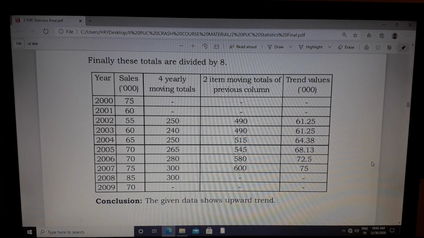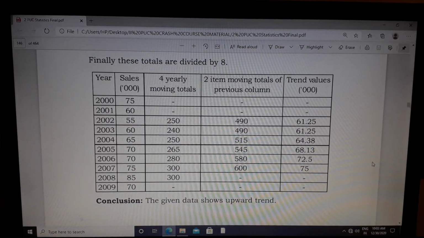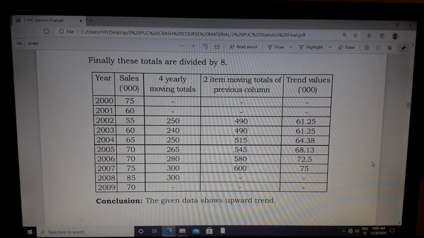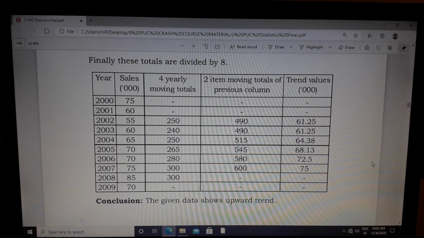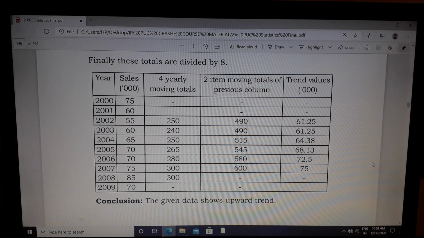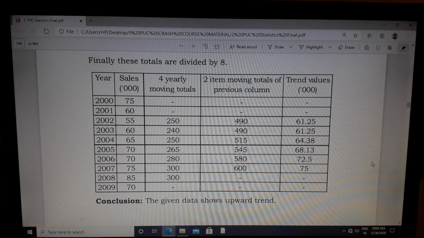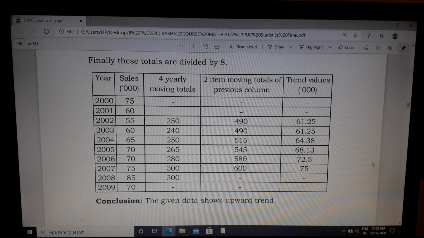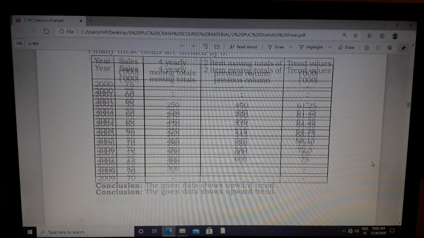Are you clear guys? 4 yearly moving total. So look at the trend values: 61.25, 61.25, 64.38, 68.18, 72.5 and 75. It is a sort of increasing order, so obviously it shows an upward trend. This is 4 yearly moving averages.